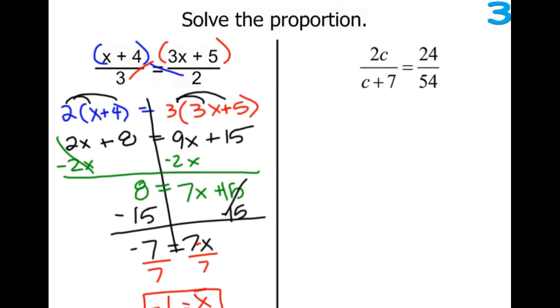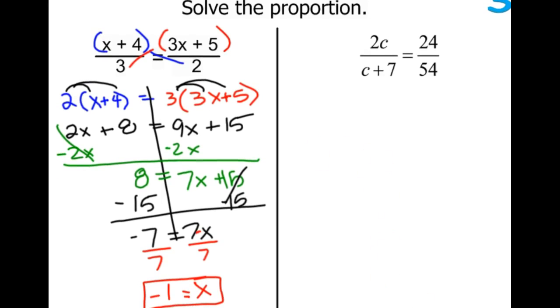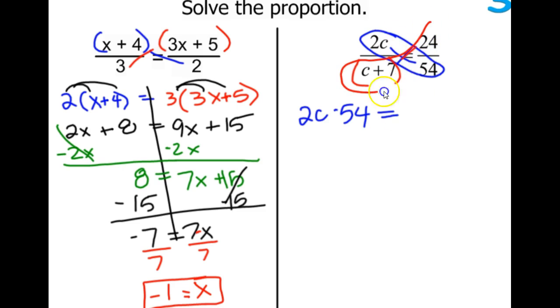I would like you to try this next one, and then click play to see if you got it right. Doesn't matter which cross you do first. I'm going to do this one, 2c times 54, and set it equal to the other side. This one has adding and subtracting though, so I need to keep that in parentheses. I have 24 times c plus 7.